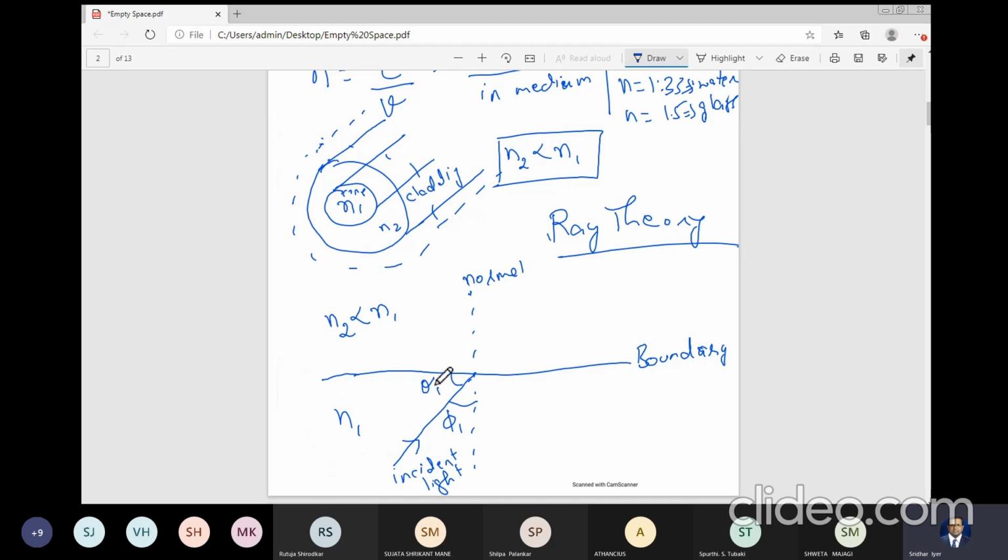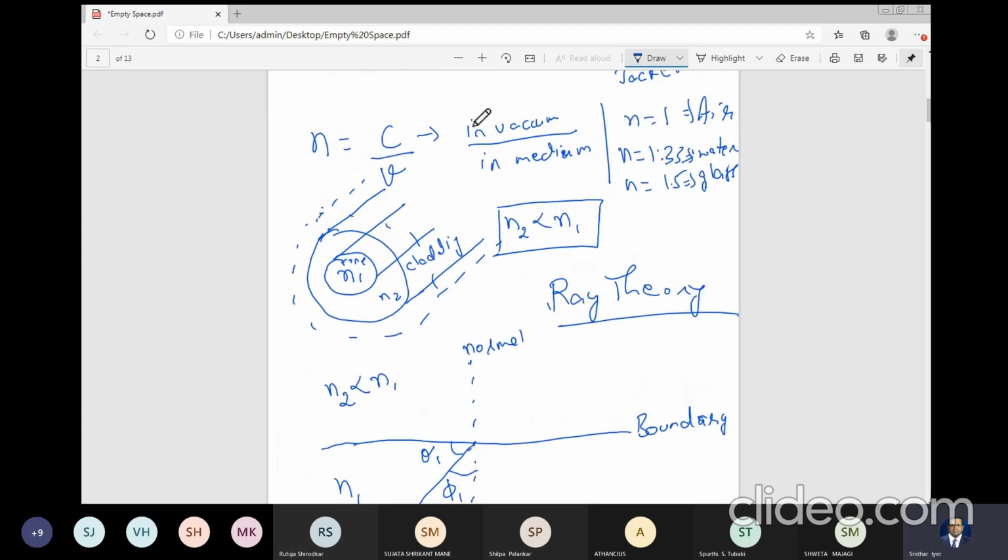Now two things can happen to this particular light. Because the materials have different refractive indices, the velocity of light inside both these materials is going to be different. And n is c by v, therefore a higher value of refractive index is going to give lesser velocity to the light, right?